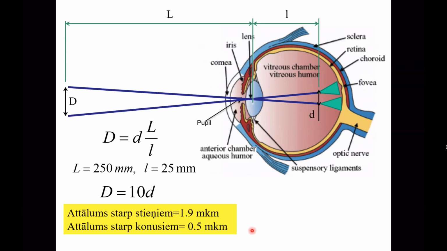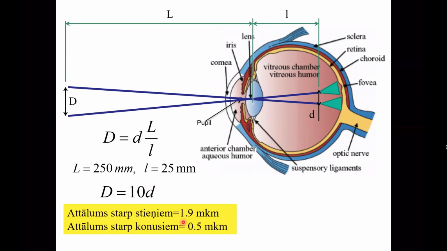So we have this result. What is the limitation factor? Actually, this one is a limitation because this distance limits the smallest visible size of the object.